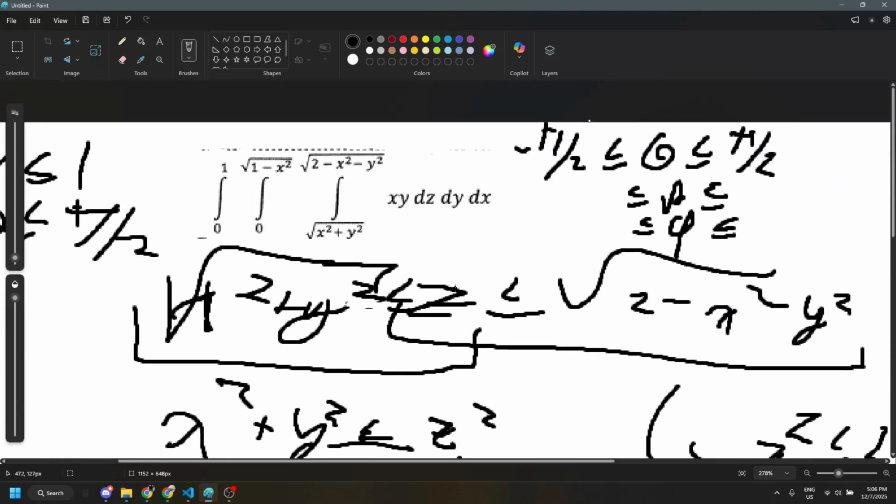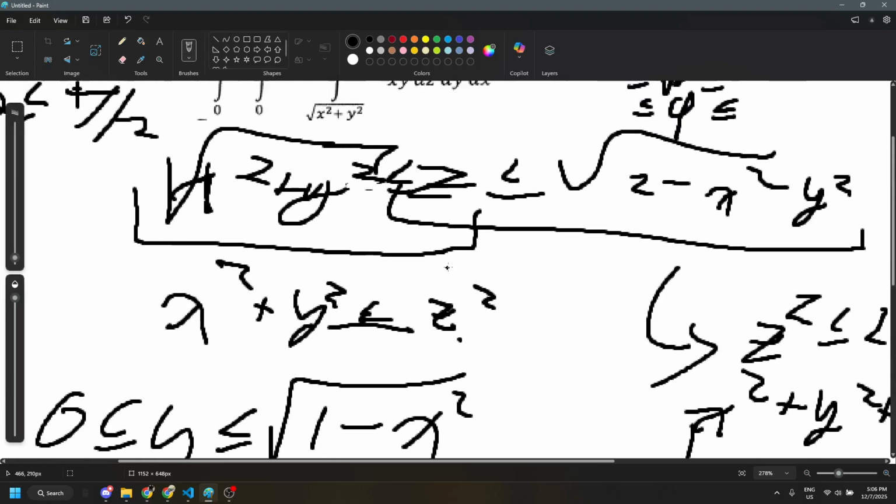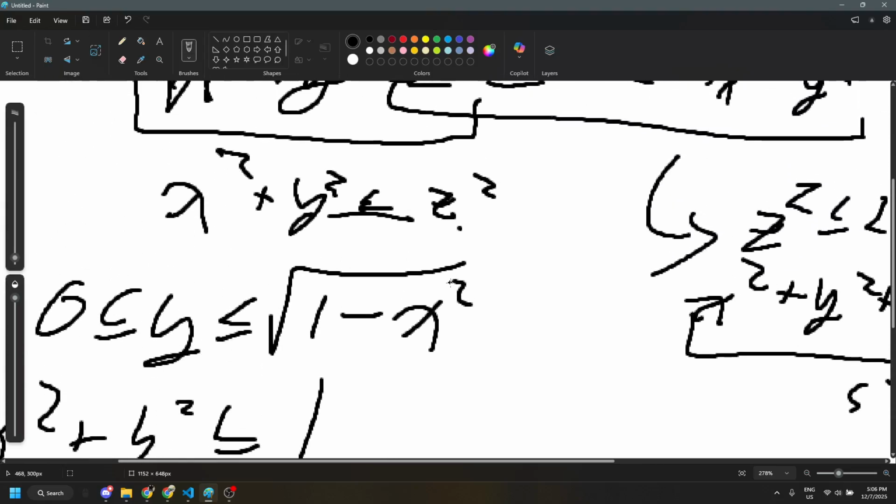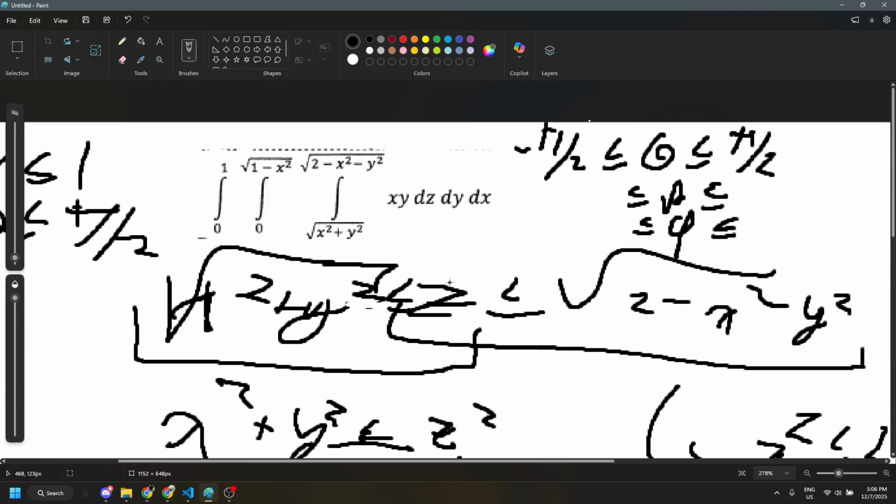Z is less than x squared plus y squared. And we know that x squared and y squared is less than or equal to 1.